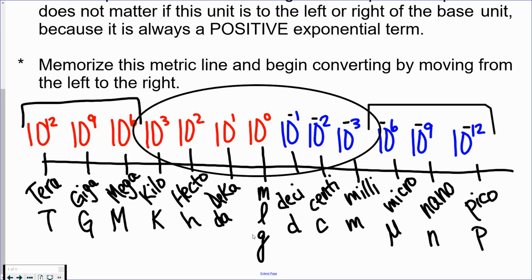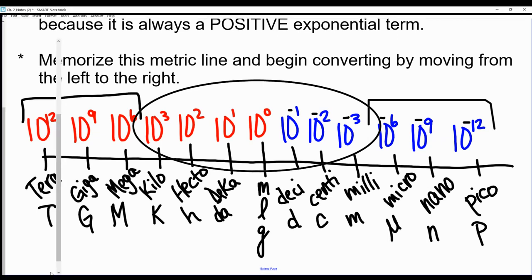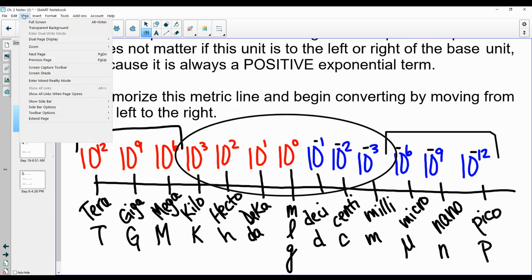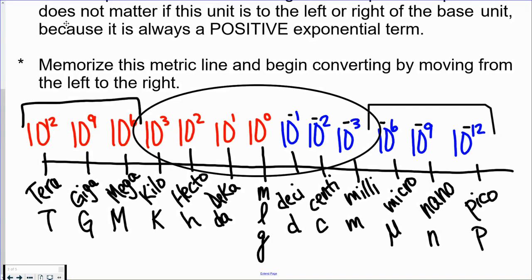So you're going to go through and we're going to use this. Now, what this right here tells us is that you can take meters, liters, or grams down or up this metric line.